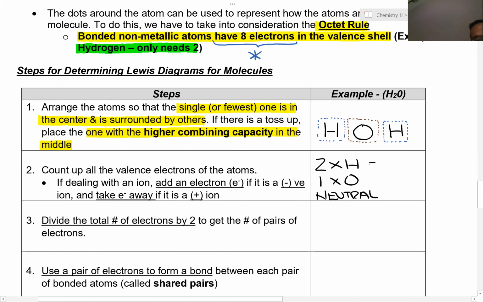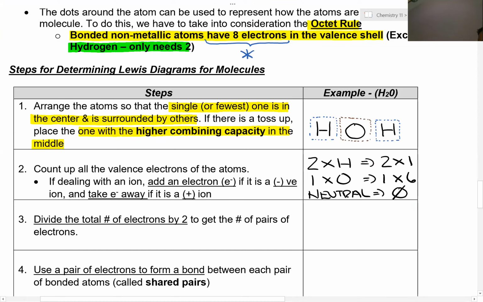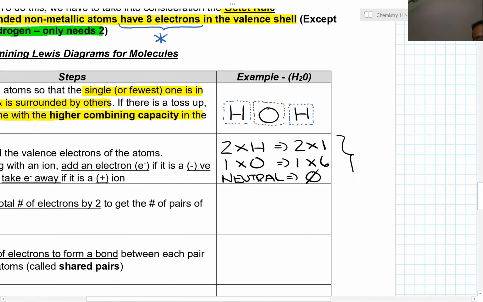So hydrogens have 1 electron. Oxygen has 6 valence electrons. And since it is neutral, it is 0. So in total, we have 8 electrons in total. Now, this is key. We cannot go beyond this number 8.